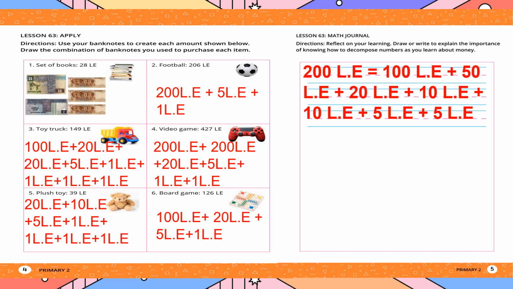Plus 20 equals 170. Plus 10 equals 180. Plus 10 equals 190. Plus 5, 195. Plus 5, it's 200 LE.